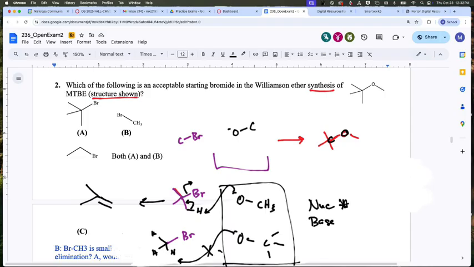So when you're looking at this type of question, yes, there's a branch point, and the question is going to become what becomes the best option. These are very challenging questions because on the surface, both answers do exactly what you want them to do. You also have to check all the things that you didn't want it to do. Anytime you see a nucleophile, it can act as a base. Is that possible? If it is possible, that's going to decrease my yield.